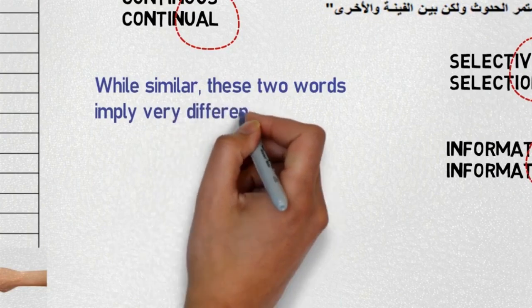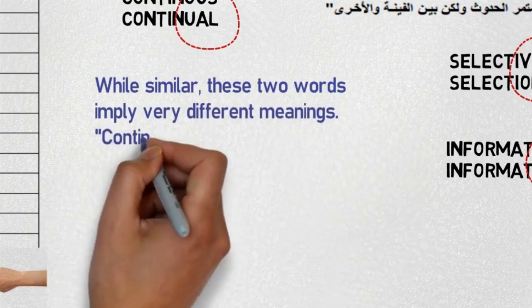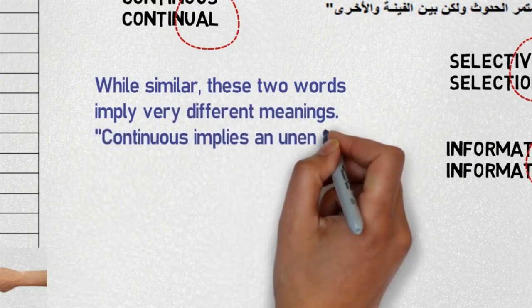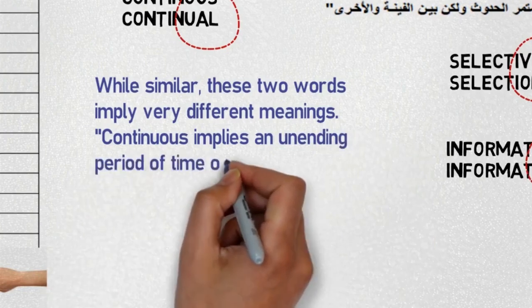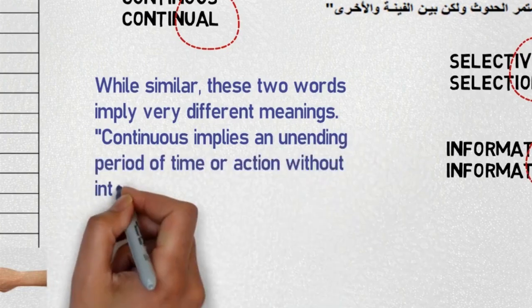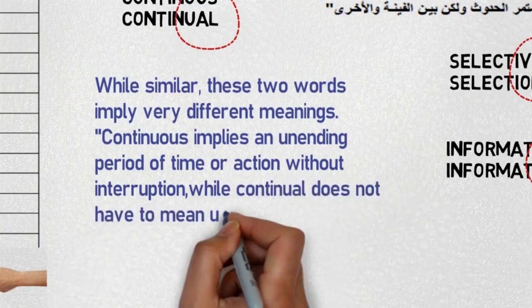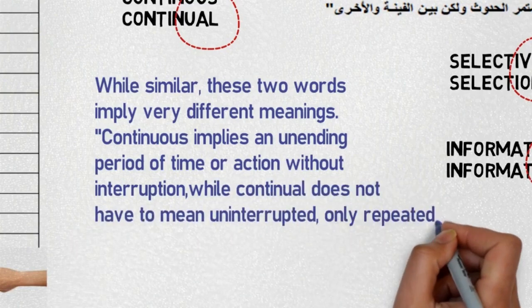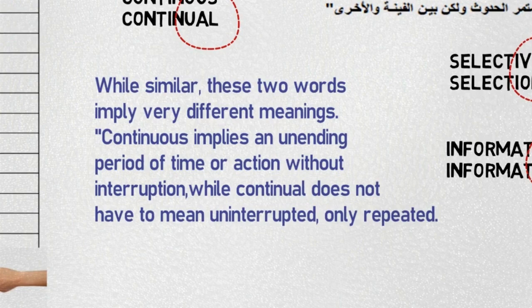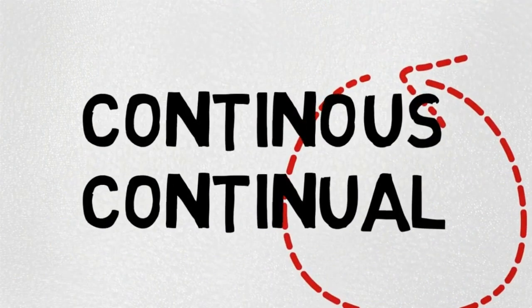While similar, these two words imply very different meanings. Continuous implies an unending period of time or action without interruption, while continual doesn't have to mean uninterrupted, only repeated. This difference can be rendered in Arabic.